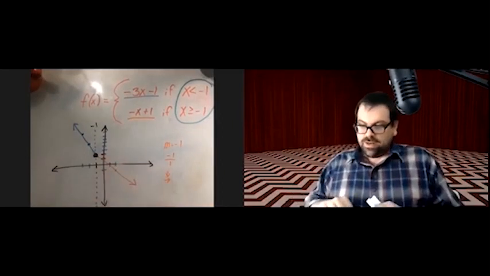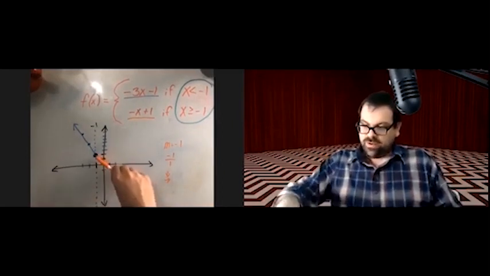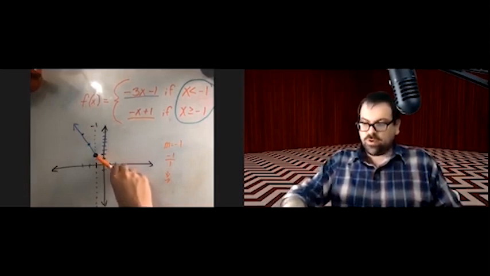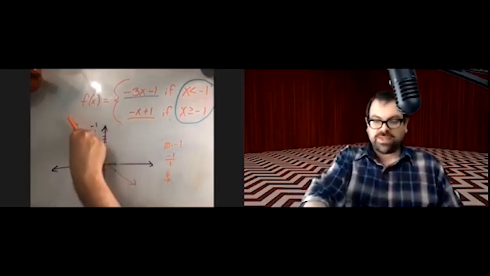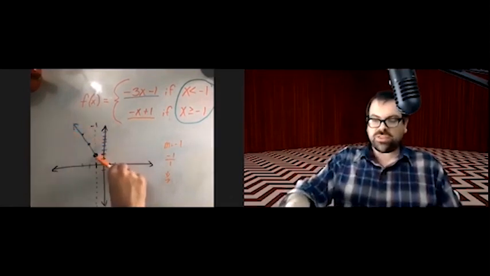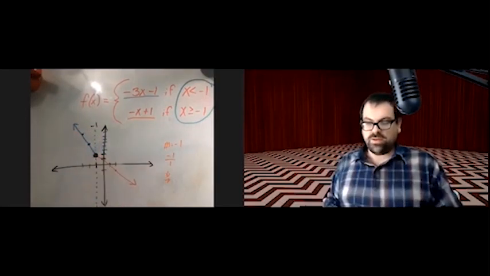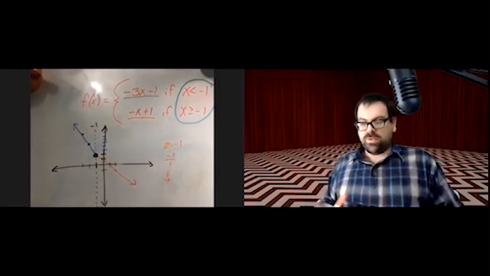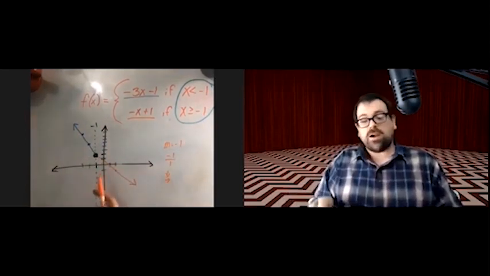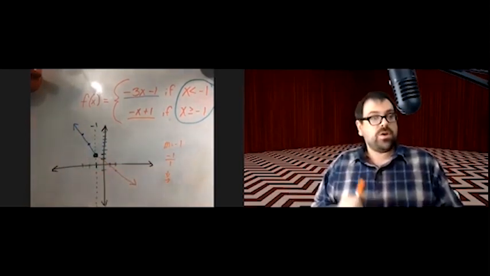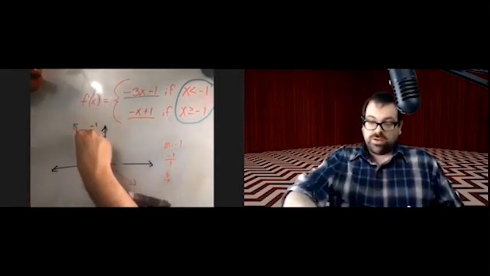So off to the right, we have this line with the slope of negative 1. So we have a slope of negative 3 until we hit this barrier, and then it changes to the one that has the slope of negative 1. But if it was the whole line, it would just keep going. We don't care about the stuff to the left. This is not a straight line.